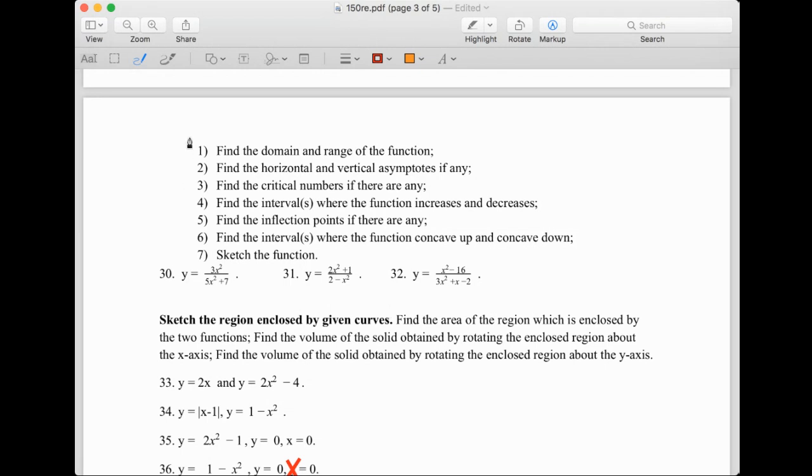But before you go through these 7 steps, try not to use the calculator. Try to follow the steps. Then once you finish, you confirm with your calculator. If you get the same graph as the calculator does, you are doing right. If you have different graphs, you may think, okay, what's going on? What did I do wrong? This is the process of learning.